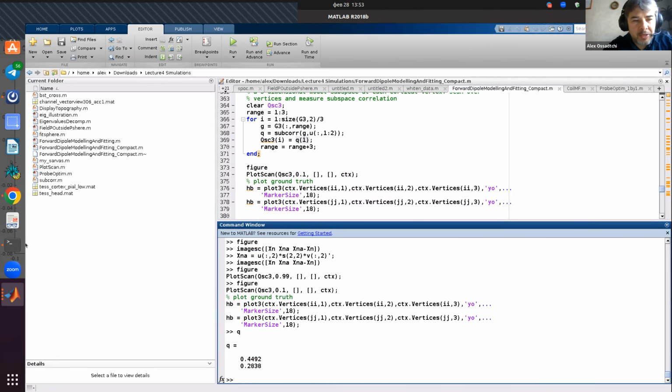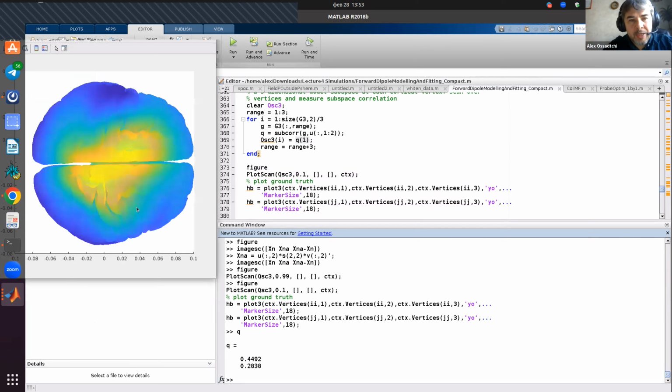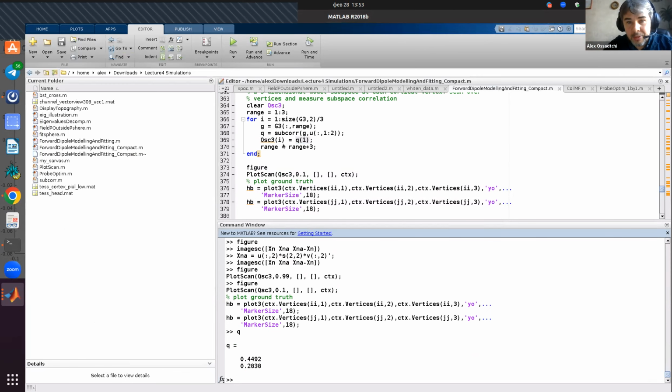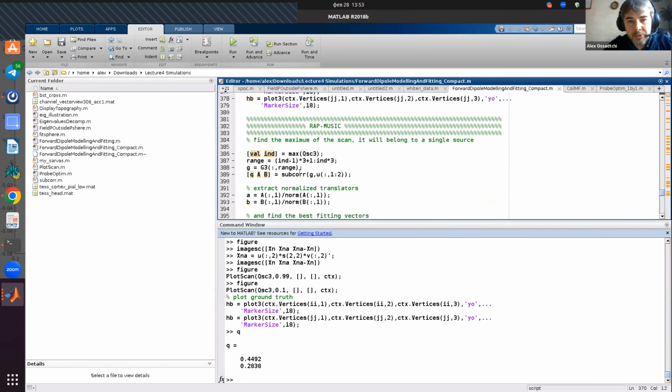But anyway, you take this, and you find the maximum. Just the maximum. It's very easy. No artificial intelligence, just maximum. Okay. So let's find the maximum.